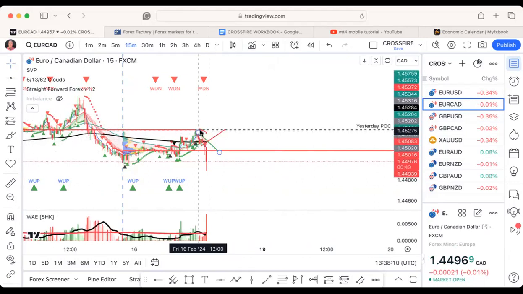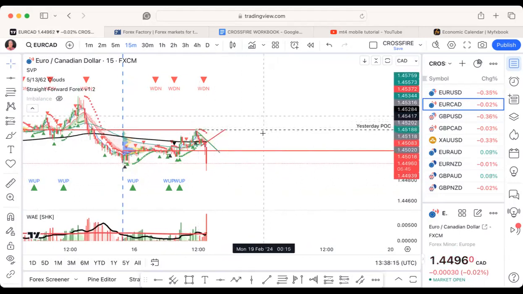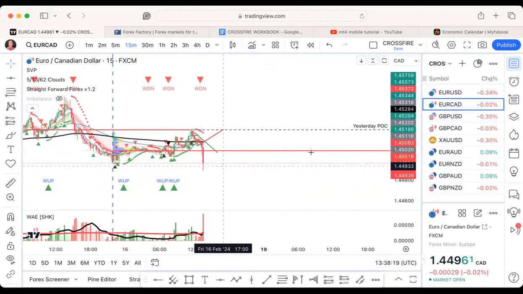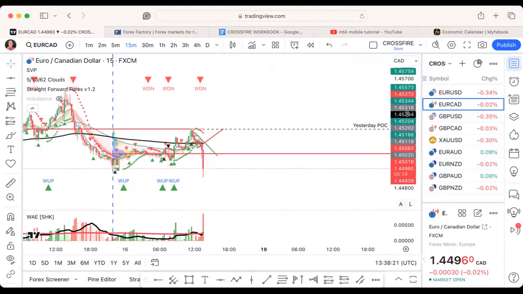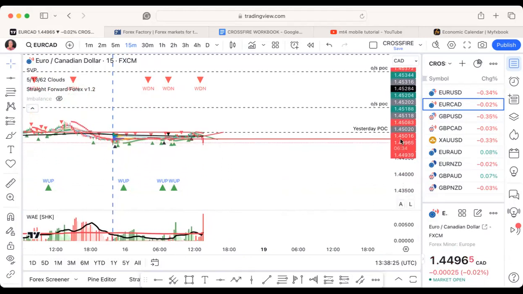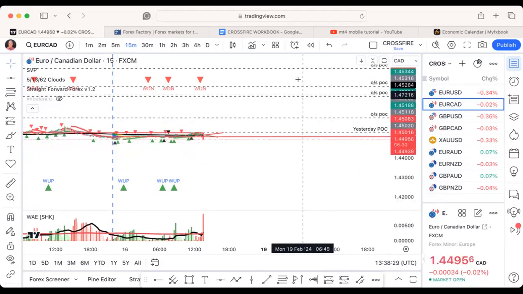That doesn't mean it won't go back there. It can go back to yesterday's POC several times, but it's heading downwards. Is there any reason why they would want to take it further down? No, but there's lots of reasons why they might want to take it up.